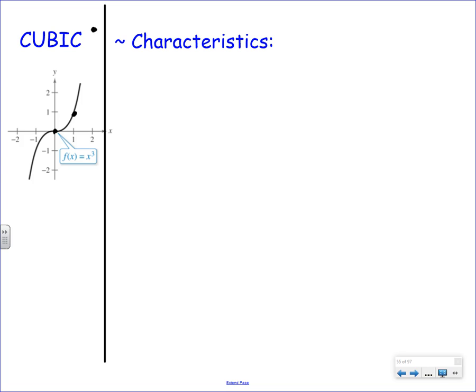How many branches does a cubic function have? The parent function at its core has 1, but it can have up to 3.